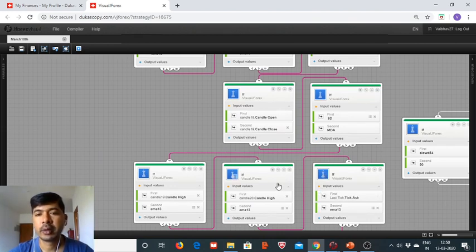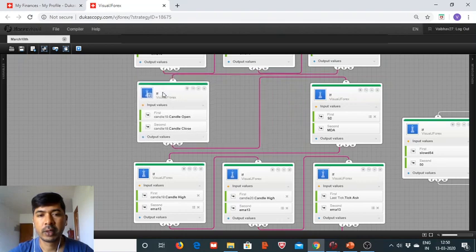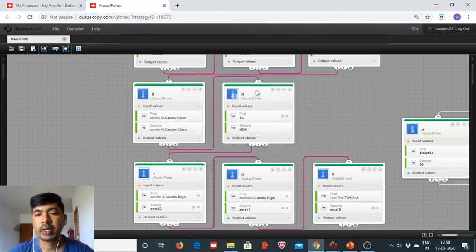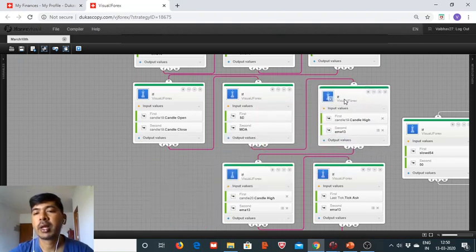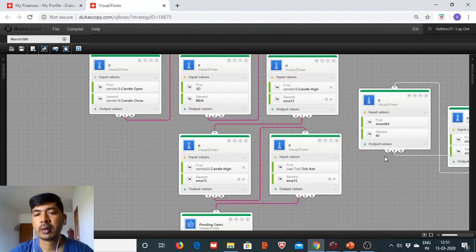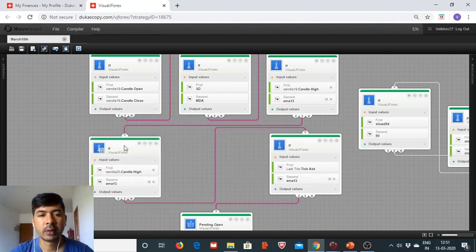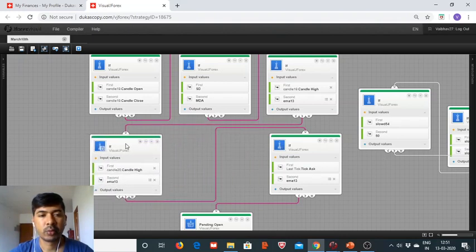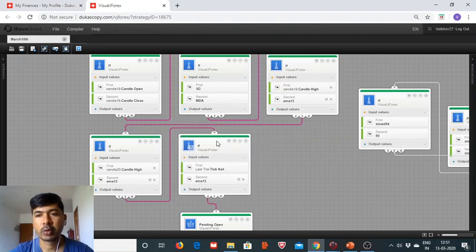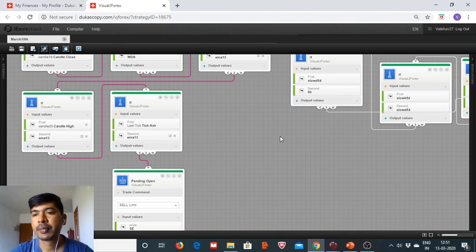And here we do these changes, we rearrange this block just to make it look more aesthetic and easy to understand as well. And we are going to now break this flow.